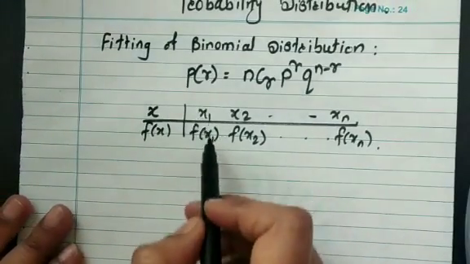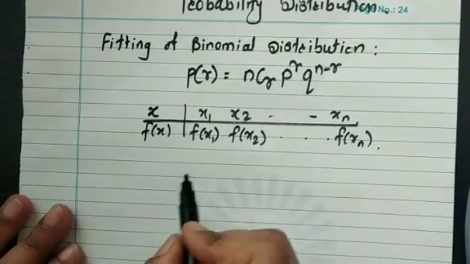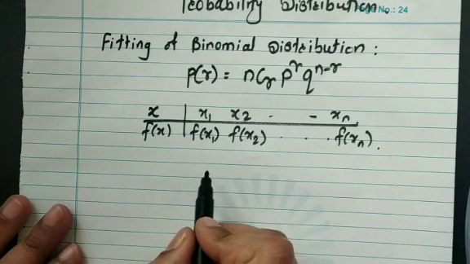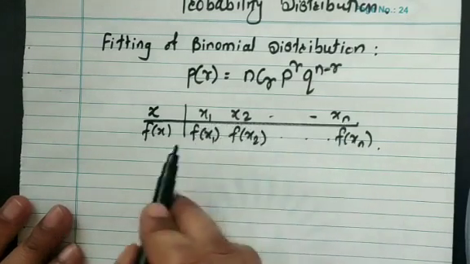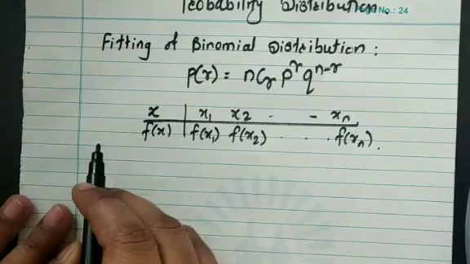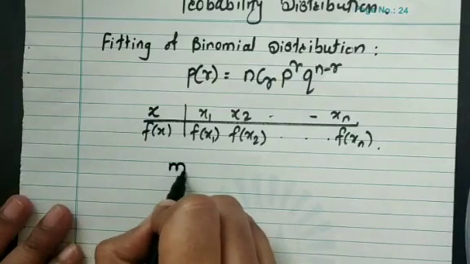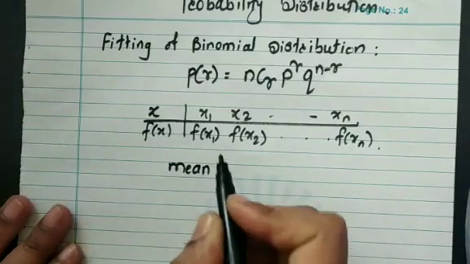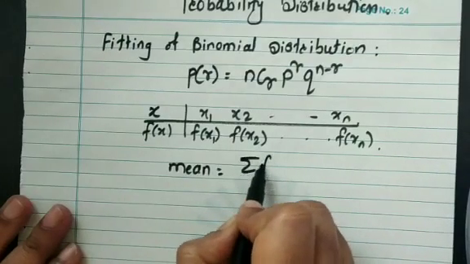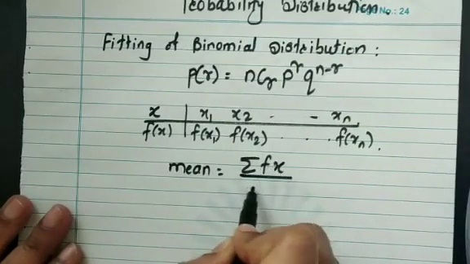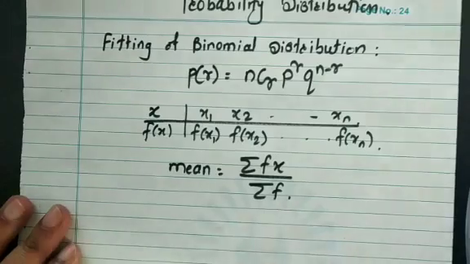We know how to find the mean: it is summation fx upon summation f.